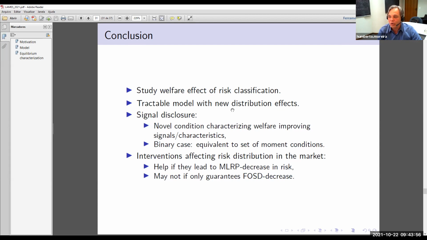That's the idea. So you're not really focusing on a structural model to estimate the parameters in the real world, but you want to grasp testable implications that can be used to see how much some signals, which we interpret as this risk classification story, are a good or bad idea for the regulator to allow the companies to do.